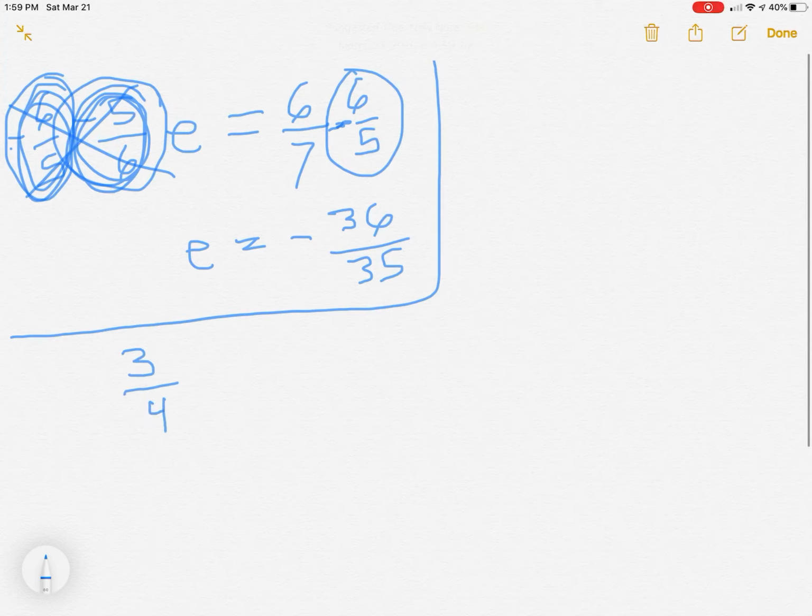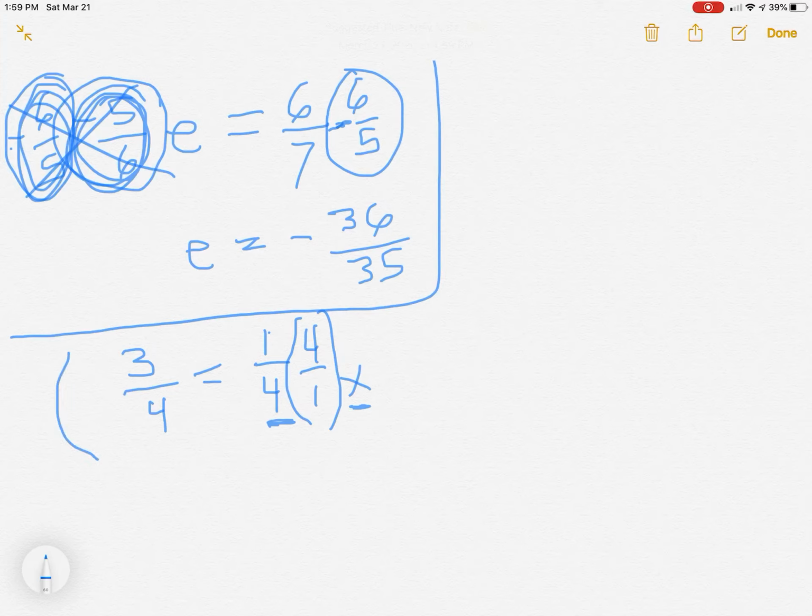3/4 is equal to 1/4 x. Let me leave a little room here. Okay, so I want the x by itself, so I'm going to get rid of this number, 1/4. To do that, I'm going to multiply by its reciprocal. And why am I doing that, multiplying by a reciprocal?